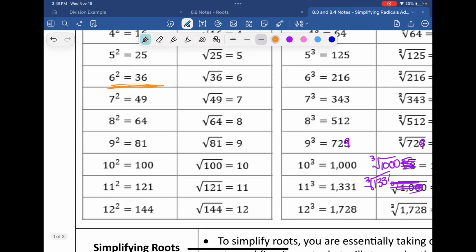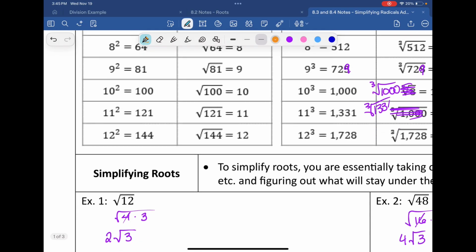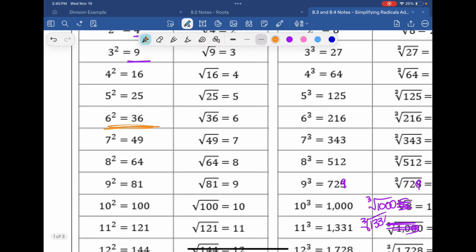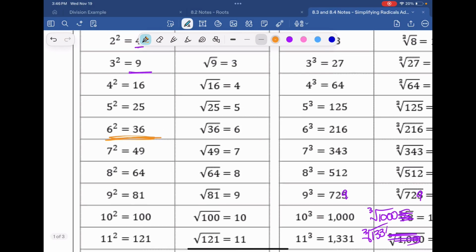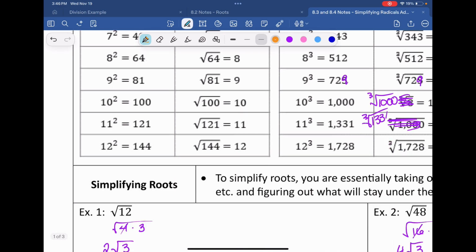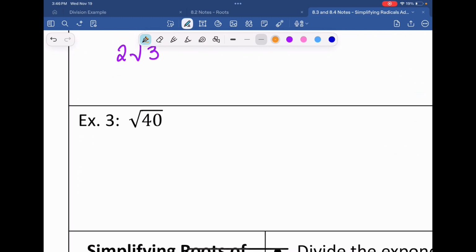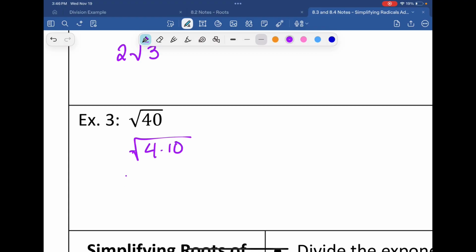So when I mean divisible, does it get a whole number when you divide? 40 is not divisible by 16, because that's 2.5. 40 is not divisible by 9, because that's 4.4 repeating. 40 is divisible by 4. Okay, 4 times what number is 40? That's 10. The square root of 4 is 2. And the 10 is going to stay underneath.